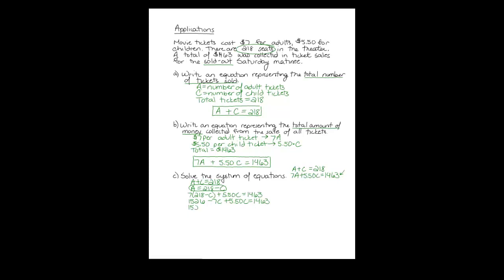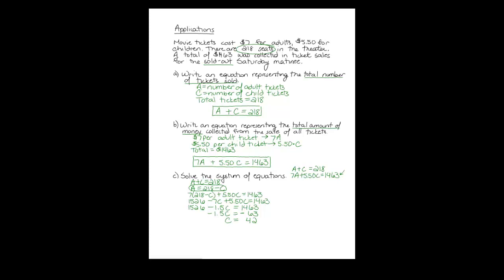Combining like terms, 1,526 minus 7C plus 5.5C gives us negative 1.5C equals 1,463. Subtracting the 1,526 from both sides leaves us with negative 1.5C equals negative 63. Divide both sides by negative 1.5. C is equal to 42.